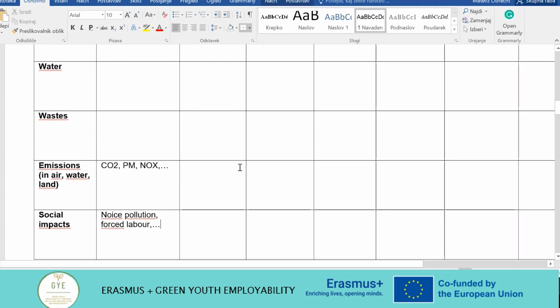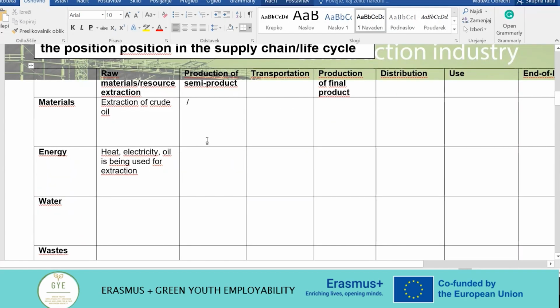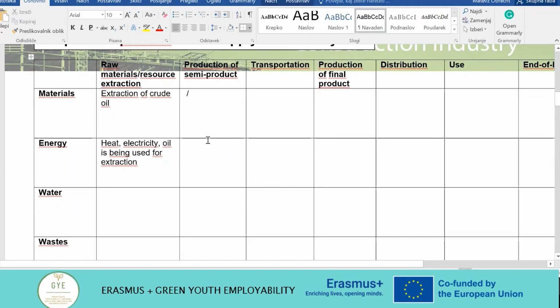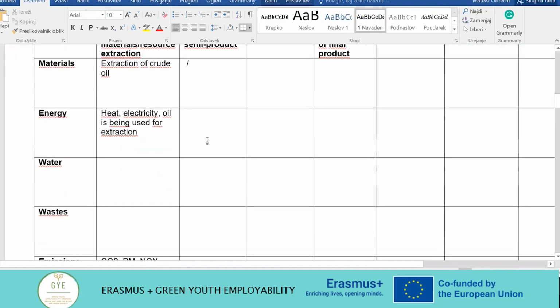When you fill the whole table, you will say, okay, there are numerous environmental impacts, but we have limited resources, so we cannot address them all. So we can address only the most important ones. So we will try to define which are the most important.